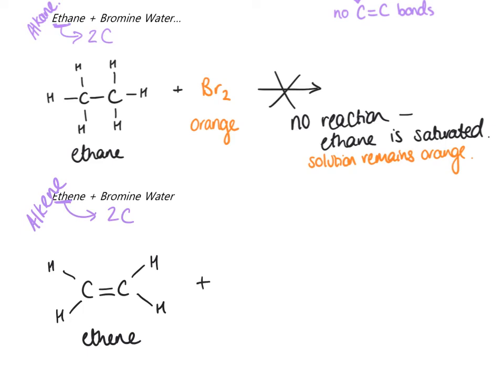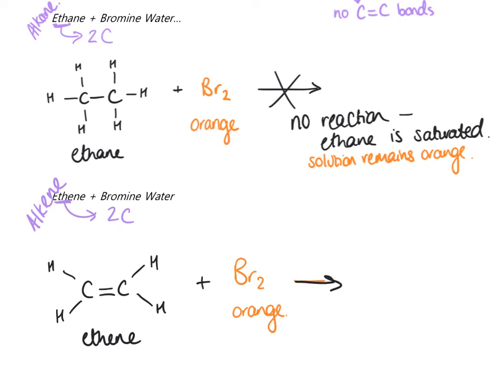And if we add bromine to it, which again remember is orange, bromine water, what will happen this time? Well, this time what can happen, a bit like with our addition polymerization, is that that double bond can break and essentially it can form an extra bond on each of the carbons. So let's have a look at that.